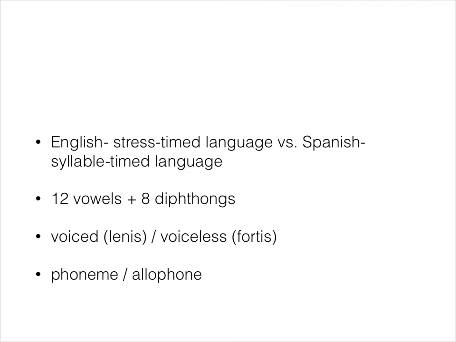When we talk about consonants, some consonants are voiced, and some are voiceless. We say that a sound is voiced when we put our hands on our throats and we can feel our throats vibrating as if it was a mobile phone. Okay?